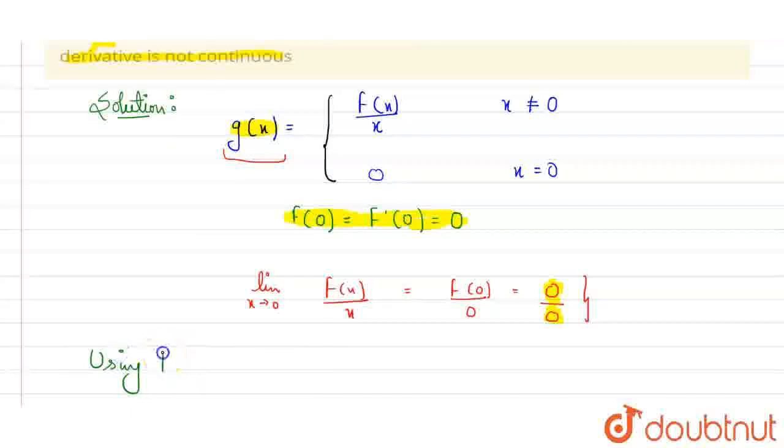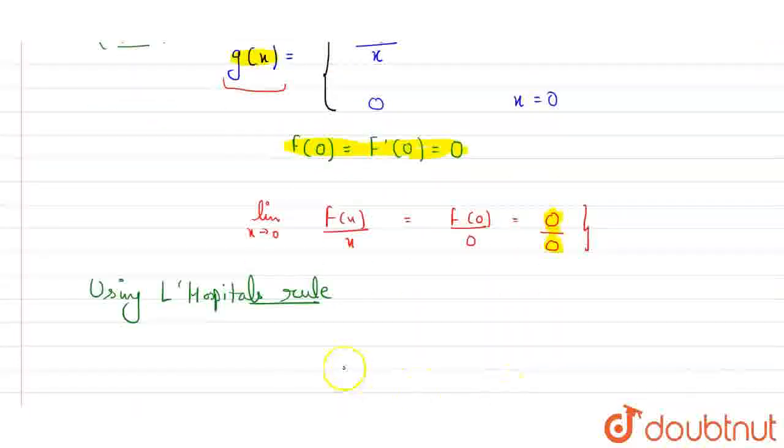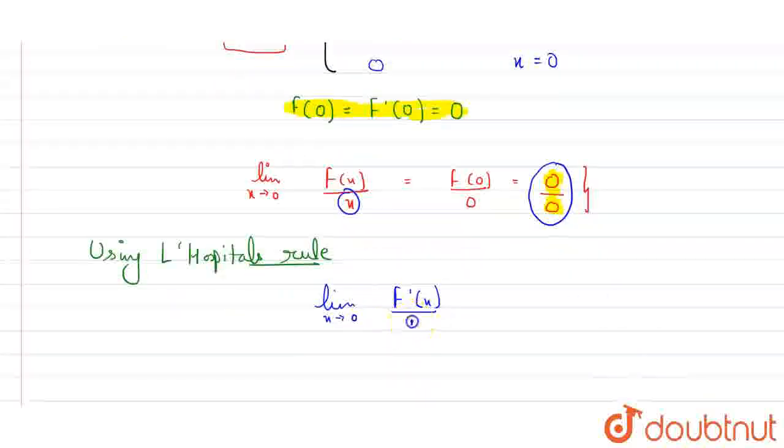Using L'Hospital's rule, we just differentiate numerator and denominator. So the limit as x tends to 0 of f'(x) upon 1, since the derivative of f(x) is f'(x) and the derivative of x is 1.